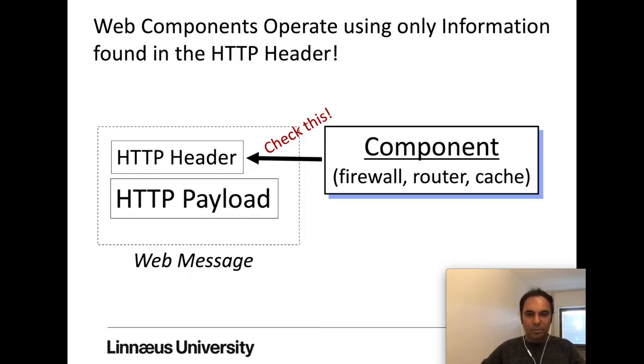All these web components like firewalls, routers and caches look into your HTTP header to decide if it should be accepted or where it should be redirected and so on. And then once the message is accepted or redirected to a proper destination, the requester uses the payload to read the actual message.